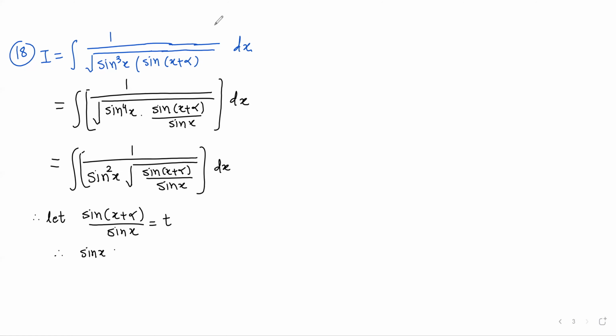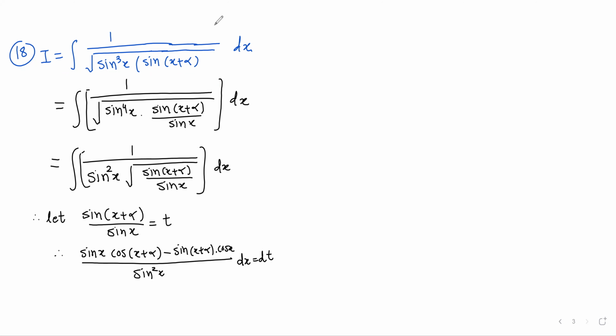Derivative of this is cos x plus alpha, minus sin x plus alpha remains as it is, into cos x upon sin square x dx is equal to dt.